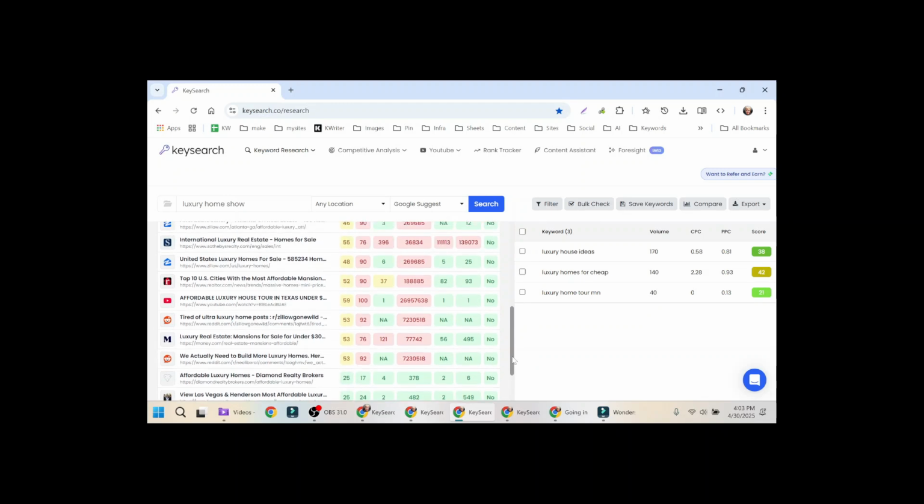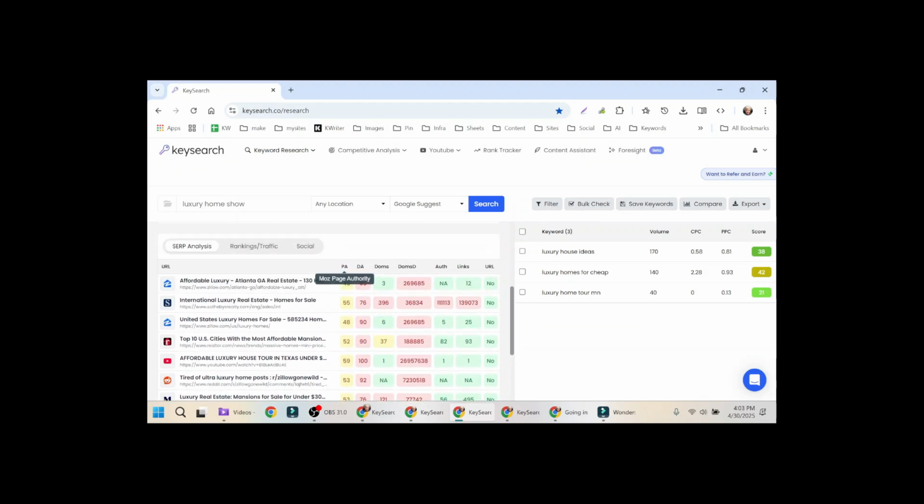So going from left to right, the columns tell us the Moz page authority, the Moz domain authority, the number of Moz unique linking domains to the URL, the Moz unique linking domains to the entire domain, the Moz authority links, the Moz total number of backlinks, and whether the keyword is in the URL.